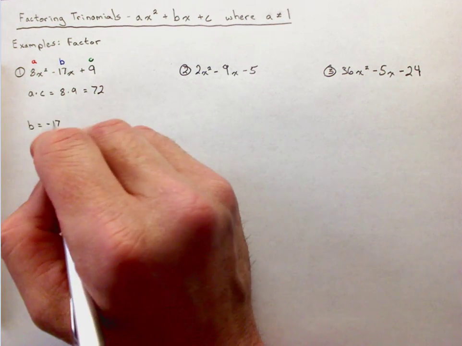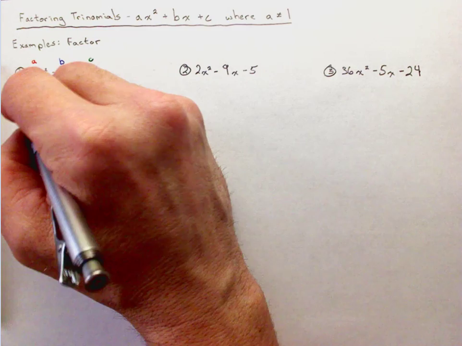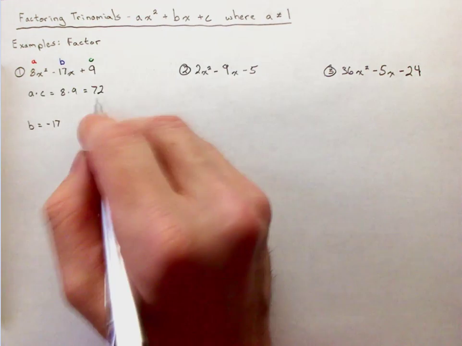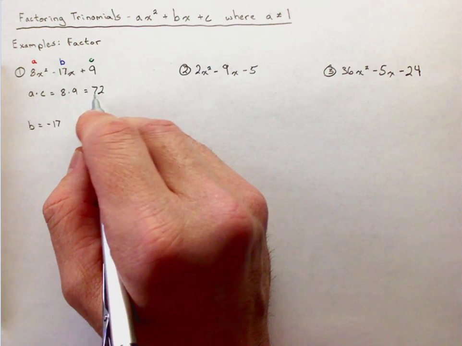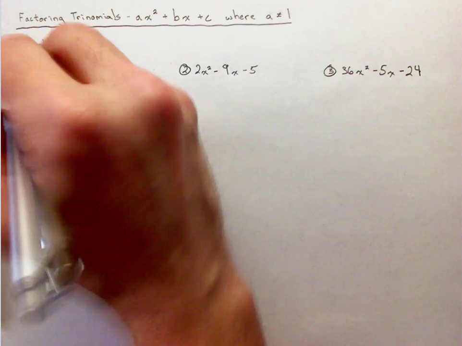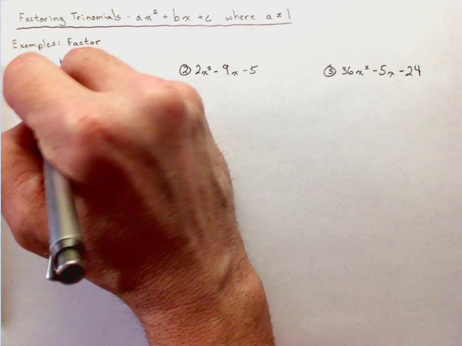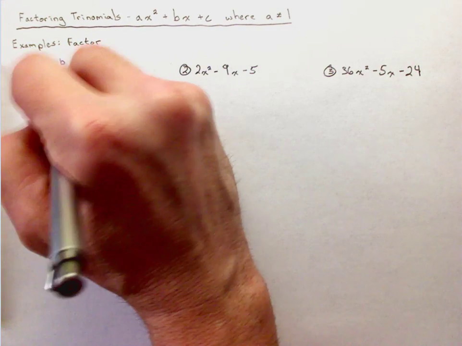I can write all of them out, 1 and 72, but one of the common ones that comes to mind is this set of factors, negative 8, negative 9.